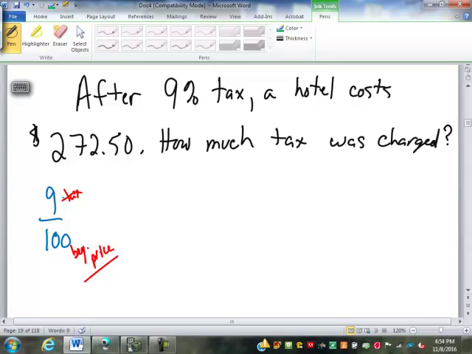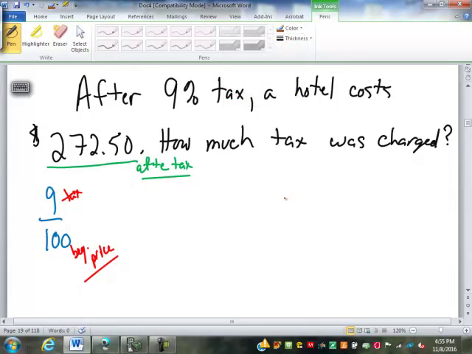So if we look at this one, we've got 9%. But when we look at it closely, the 9 represents the tax. The 100 represents the beginning price. What we have here, the $272.50, is the price after tax. So that doesn't represent either of those values.